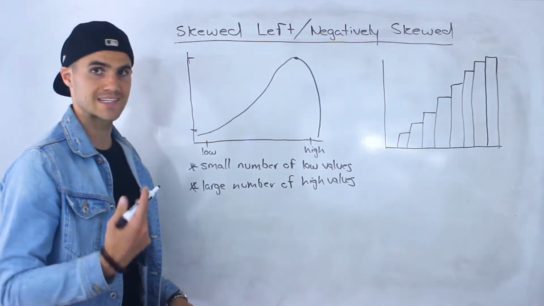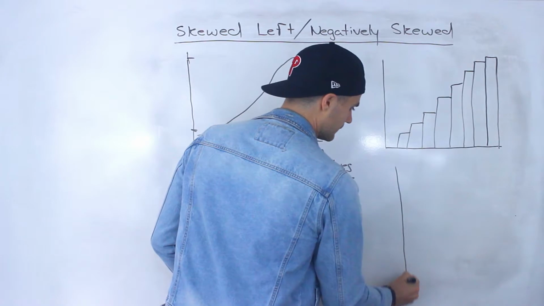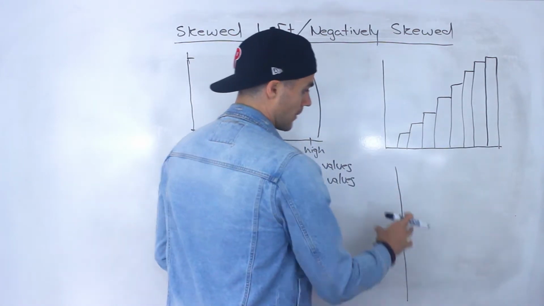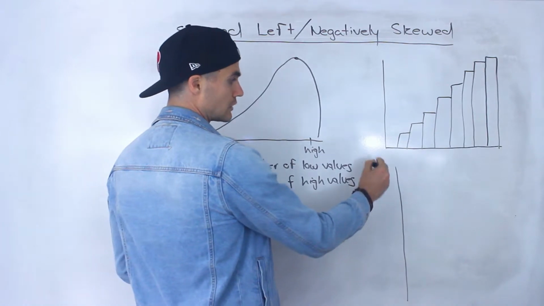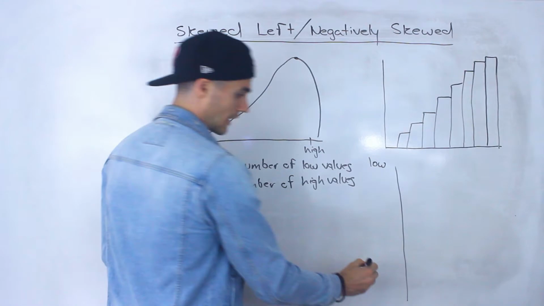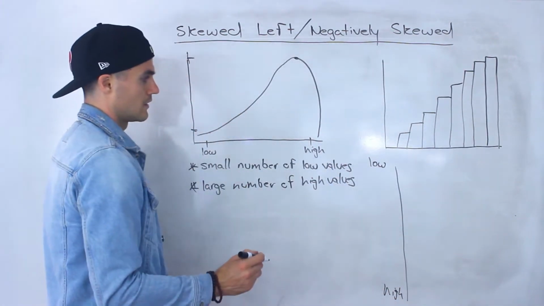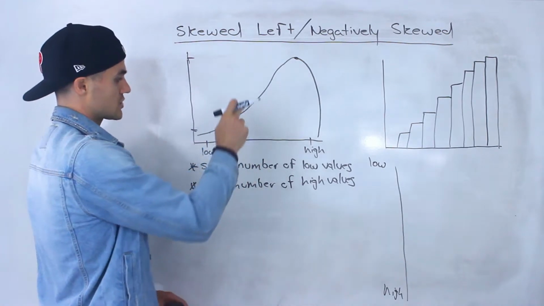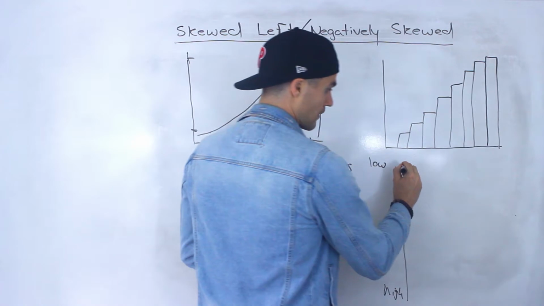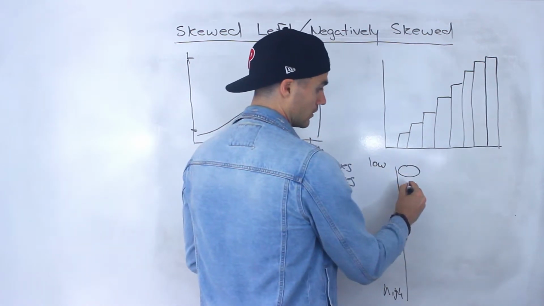And then the corresponding stem plot: we have that line that splits up the stems and the leaves. Remember with a stem plot, the lower values are going to be up there, and the higher values are going to be down here. For a distribution that's skewed left, we have a small number of low values, so the number of observations here is going to be lower.